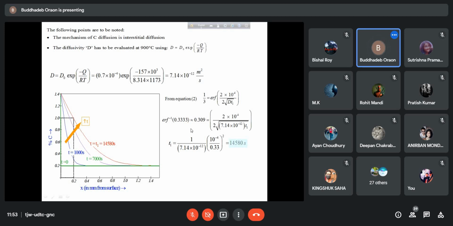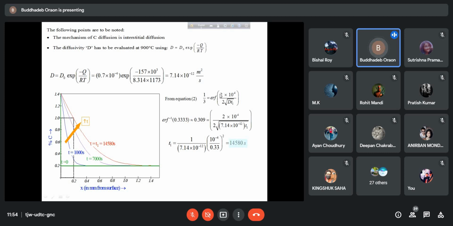So now we'll have to use a table of error function, where you have got this value of error function as 0.33, and corresponding to that, what will be the value of the variable?